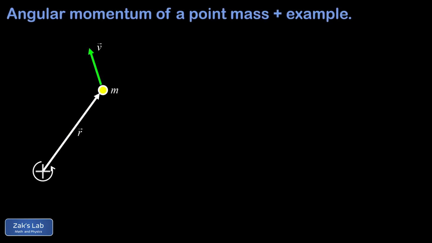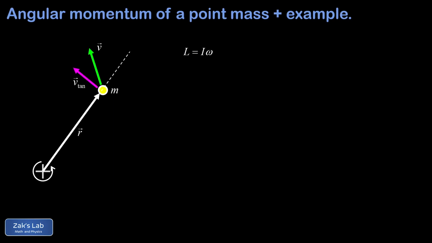So back to our derivation, we're going to start with the fact that the angular momentum of any body is given by I times omega, where I is the moment of inertia of that body and omega is the angular velocity. So the first thing we want to do is figure out the angular velocity of this point mass, and that depends only on its tangential component of velocity.